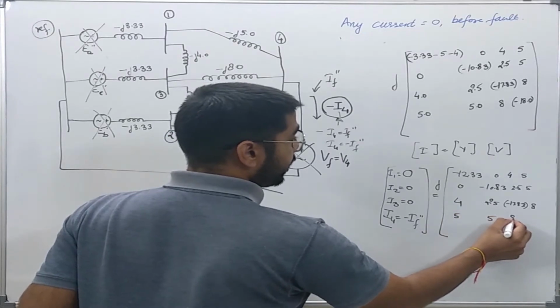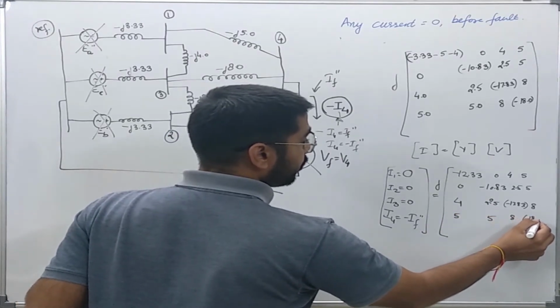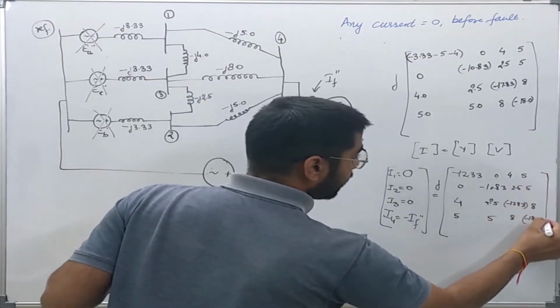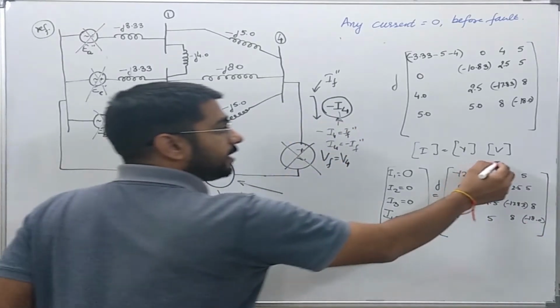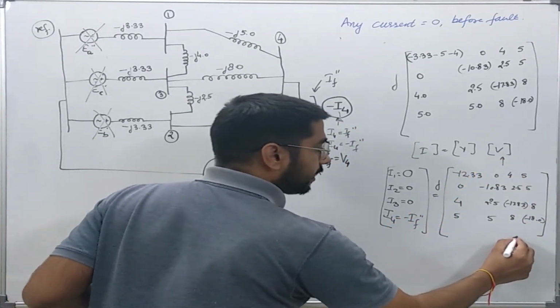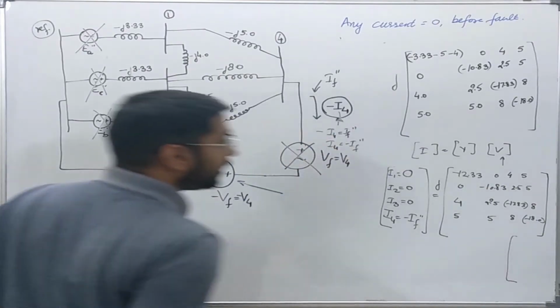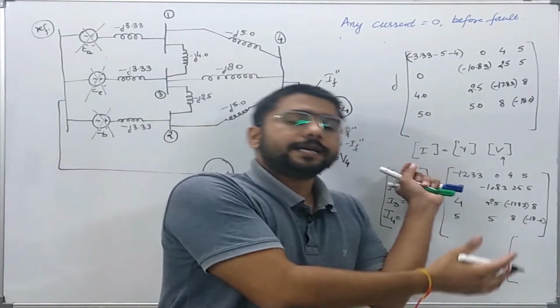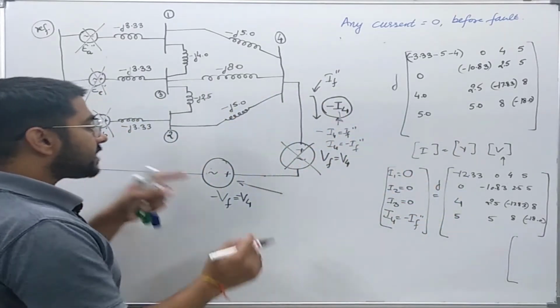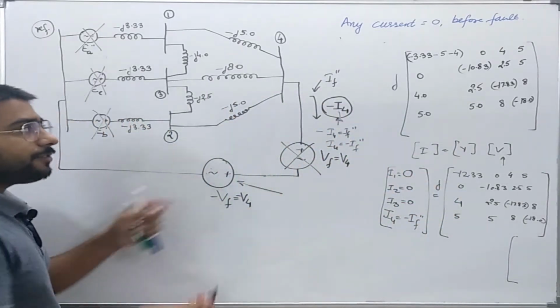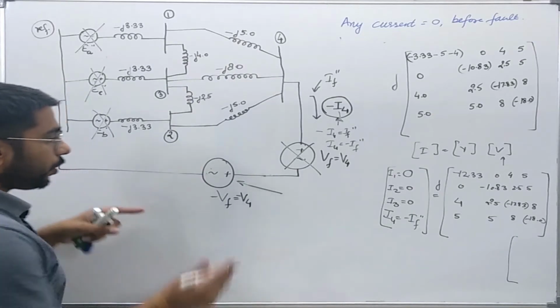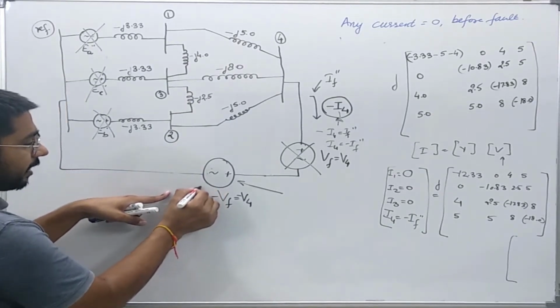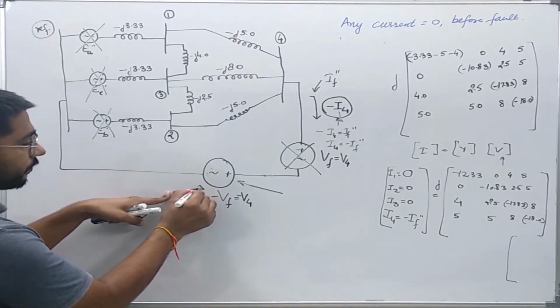And in the bus voltage vector, what the voltages will represent is the change in the voltage of the various buses due to the current from this source only.